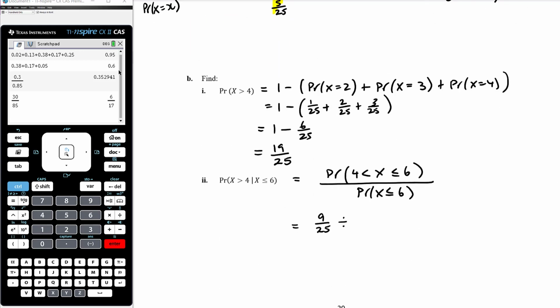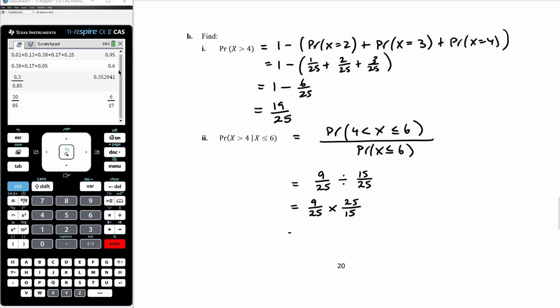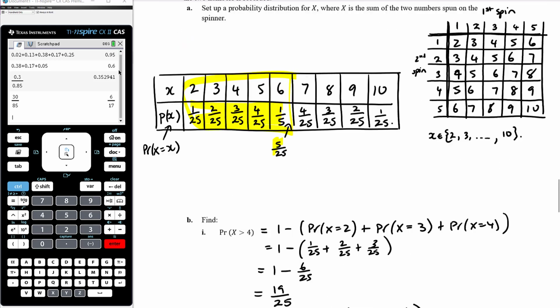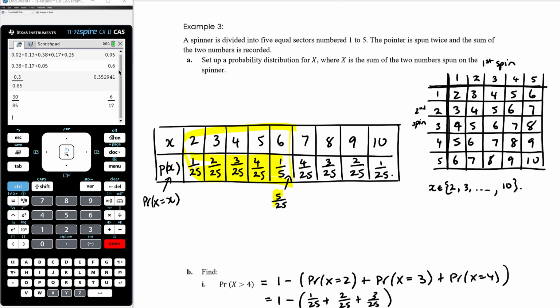Actually easier to stick with the common denominator because they're going to cancel out when you're dividing fractions. So it's 9/25 times 25 over 15, and so actually it's 9/15, which, 3 is a common factor, is 3/5.